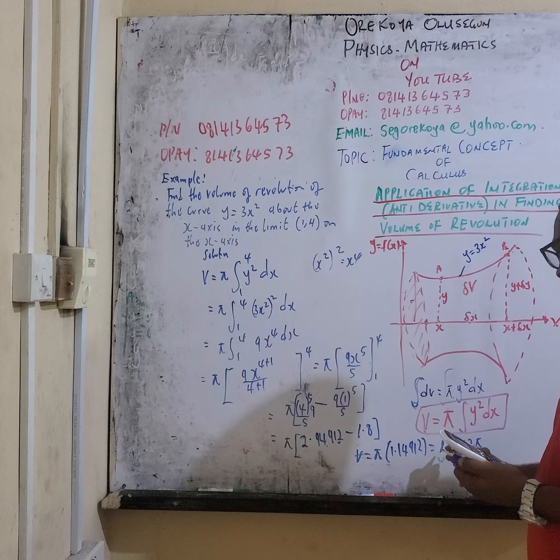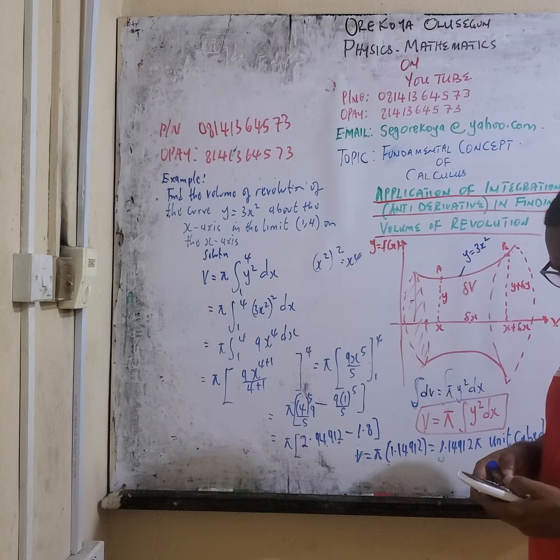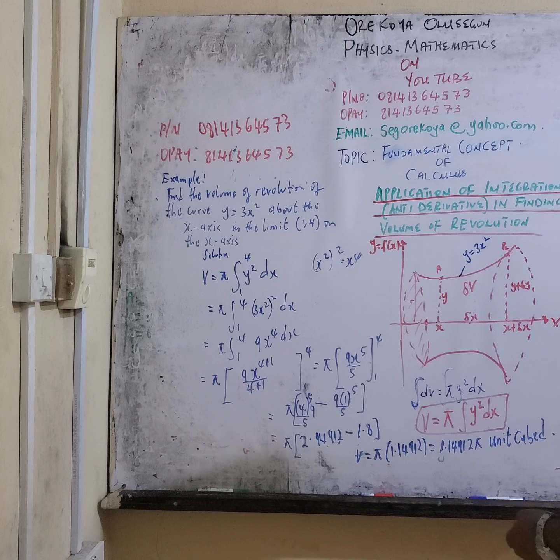You can leave your answer in terms of pi. So the unit will be unit cubed. Volume is in cubes, the unit of volume is unit cubed. So that is the simple introduction on how to determine volume of a revolution in calculus.